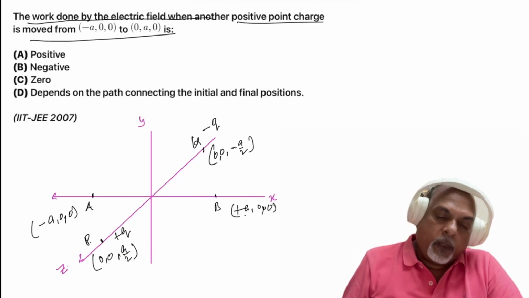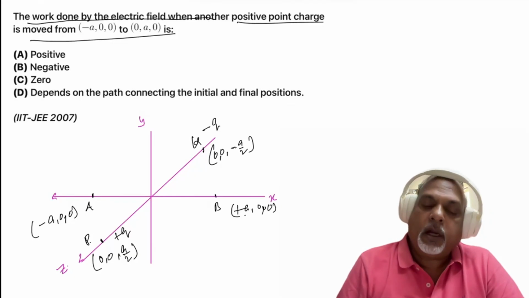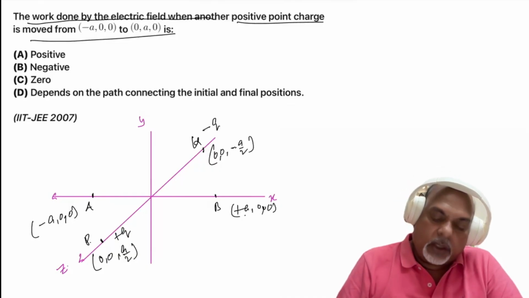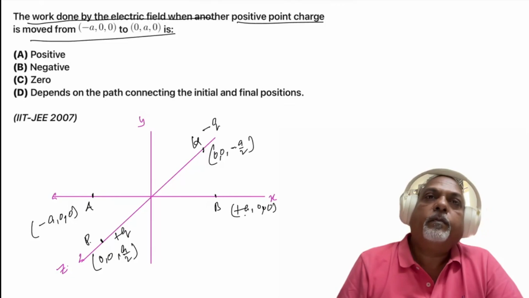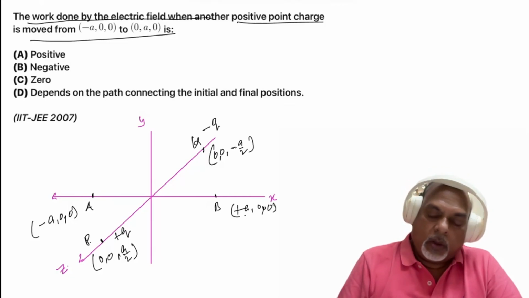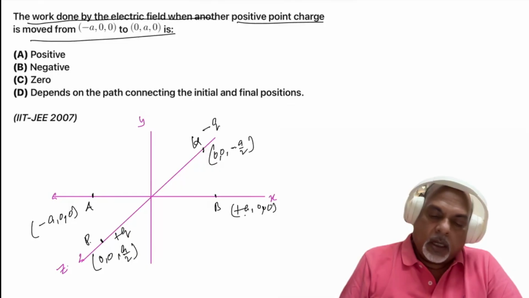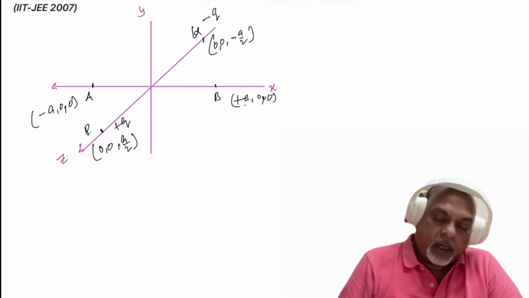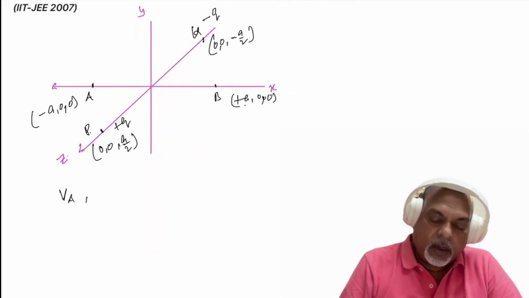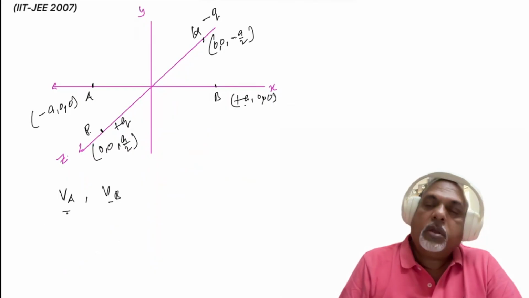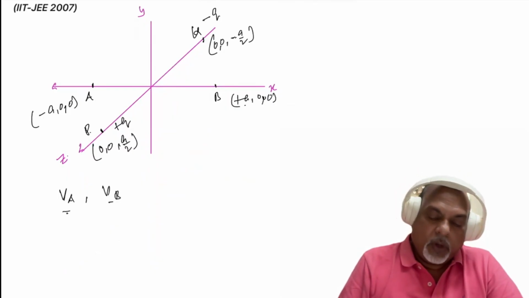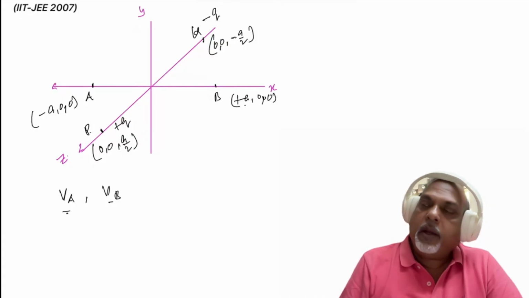Now we are moving a positive charge from A to B in the electric field of the charges at P and Q. So this is a problem related to work done, and in such problems, it is better to find the potential at A and the potential at B due to the charges at P and Q. For finding the potential, we require the PA and AQ distances.